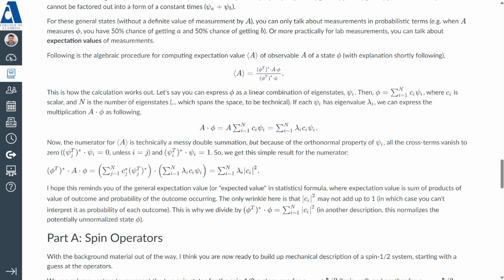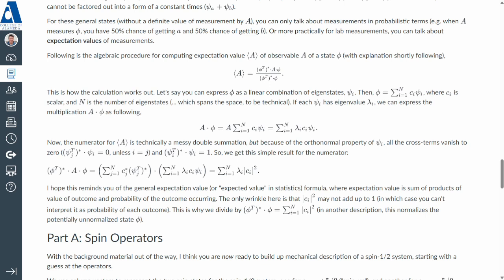If each psi sub I has eigenvalue lambda sub I, we can express the multiplication A times phi as following. A times phi is equal to A times the summation of index I running from 1 to n, and the terms being added are c sub I times psi sub I.